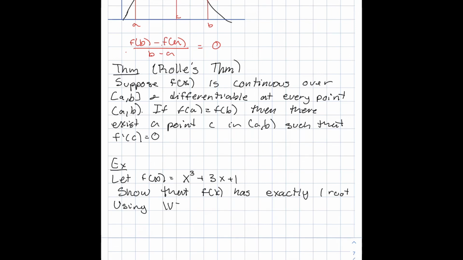Using the intermediate value theorem from last chapter, f of -1 is going to equal -1 cubed plus 3 times -1 plus 1, so that is -3, and f at 0 will equal 1.